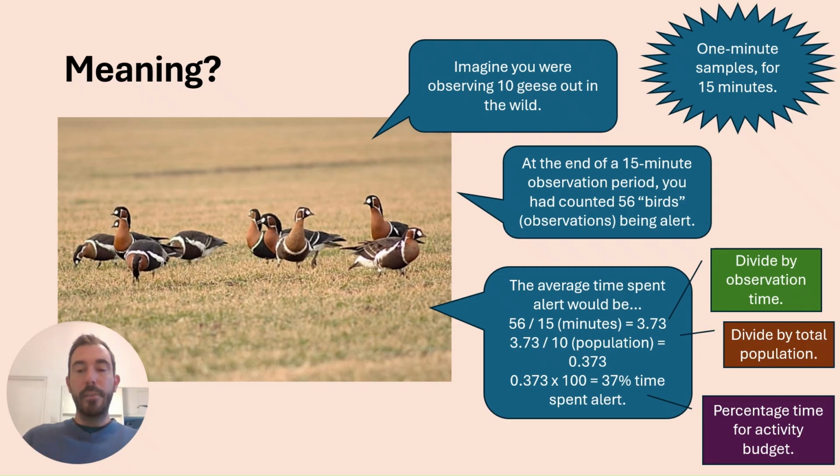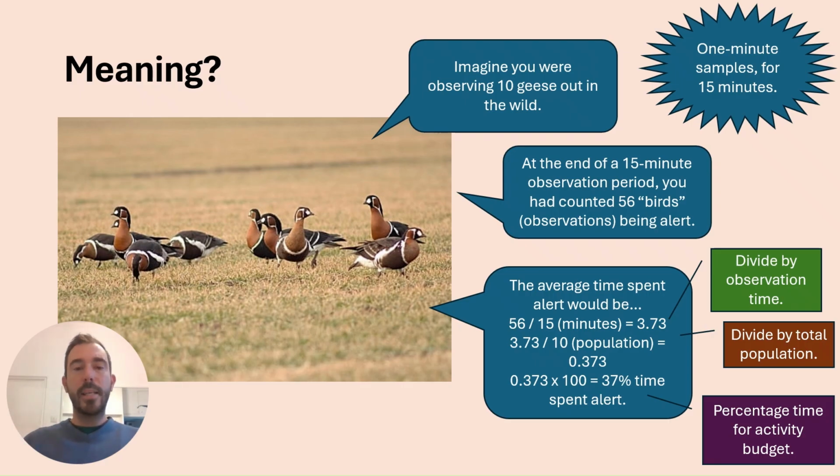And 0.37 multiplied by 100 gives us the average of 37% as our time that we would put into an activity budget, that the average red-breasted goose in 15 minutes in that particular flock spent on being alert. And then we would consider looking at our raw observations for each minute, and we would use that to create our error bars of standard deviation or standard error, depending on what you wanted.